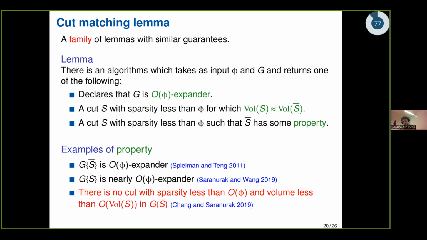And as it turns out, in our setting, because we use cut sparsifiers to find the cuts, we cannot get a cut matching lemma that gives us a strong guarantee like the first one, but we can only get something similar to the first guarantee. And that's basically all I wanted to say about our algorithm.